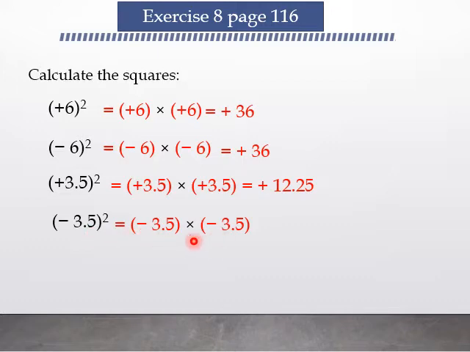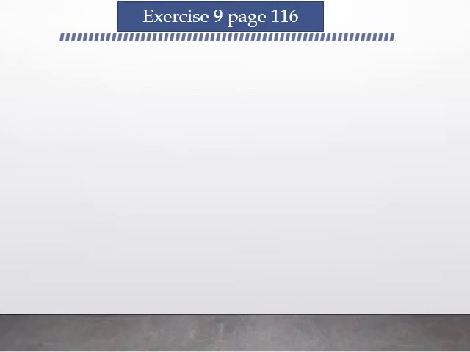Minus times minus, sign by sign, the same sign, so it's a plus. 3.5 times 3.5 is 12.25. Again, the square of a positive or a negative number is always positive. It's a rule that we should memorize. The square of any number, either positive or negative, is always positive.